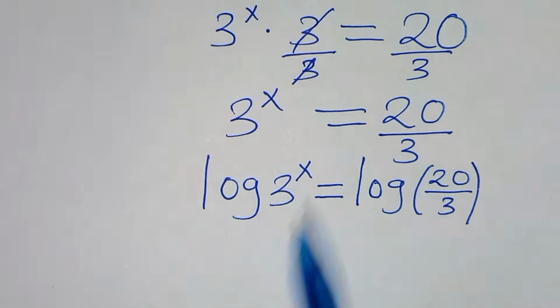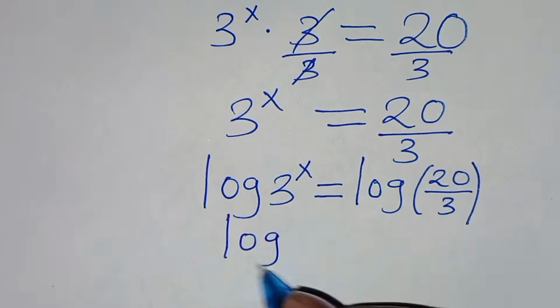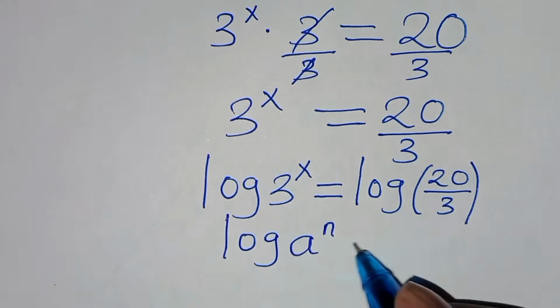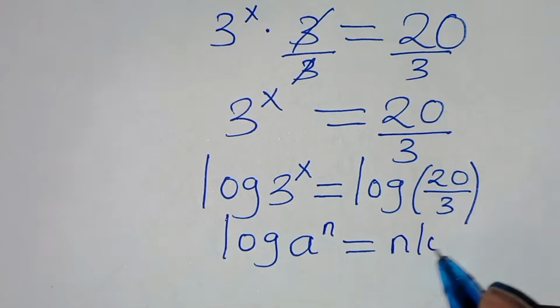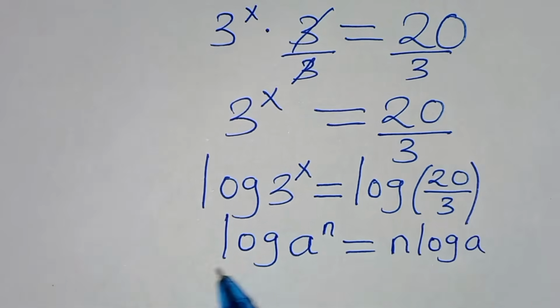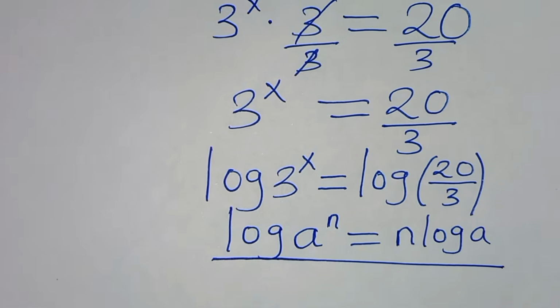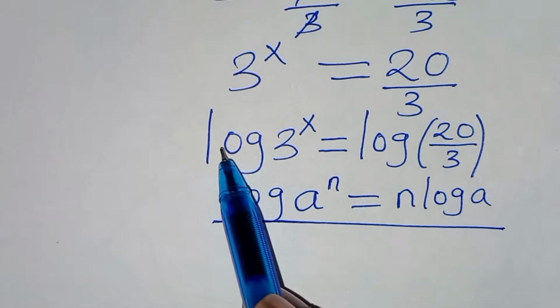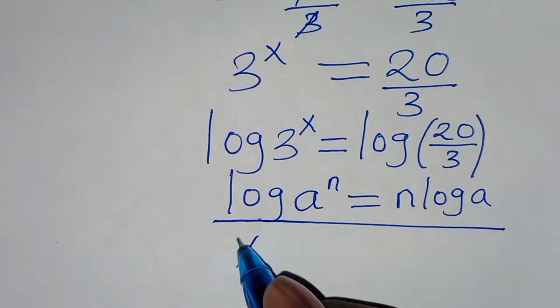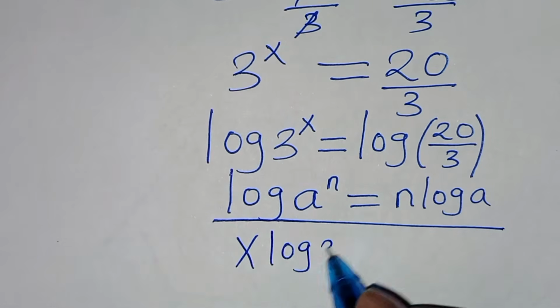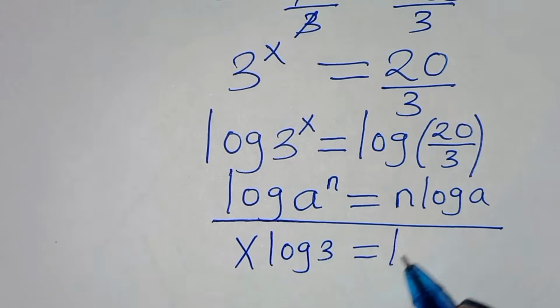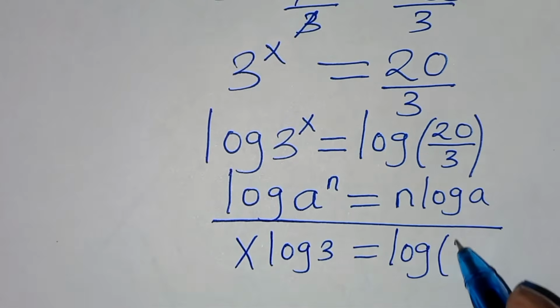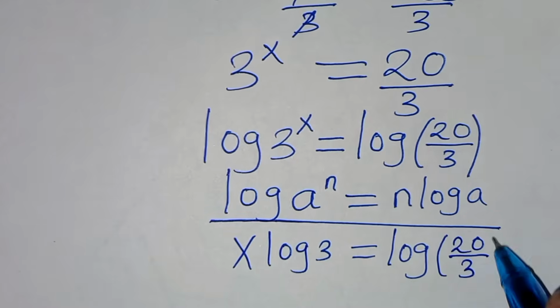So log 3 to power x, this is in the form of log a to power n, which you can express as n log a. Applying this power rule property, you find that log 3 to power x becomes x log 3. This is equal to log 20 over 3.